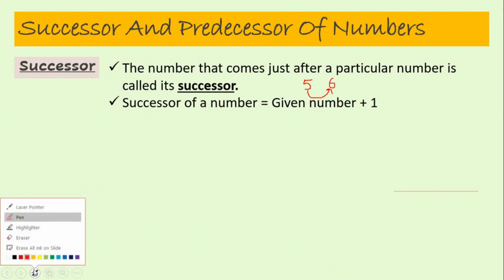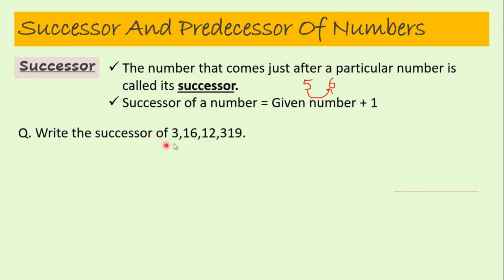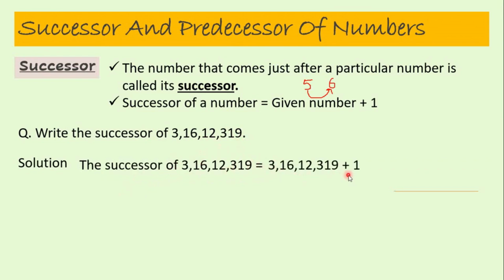Now we are going to take an example: 3 crore 16 lakh 12,319. We are going to find out the successor. So now it is an easy one. You need to add 1 to the given number. So 3 crore 16 lakh 12,319 plus 1.